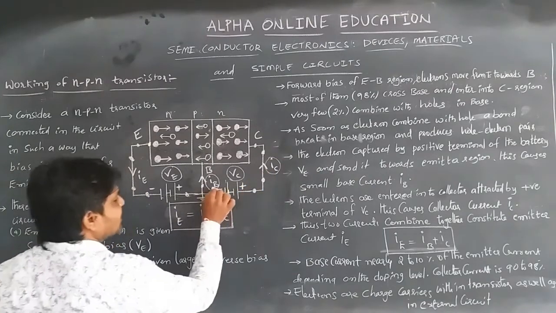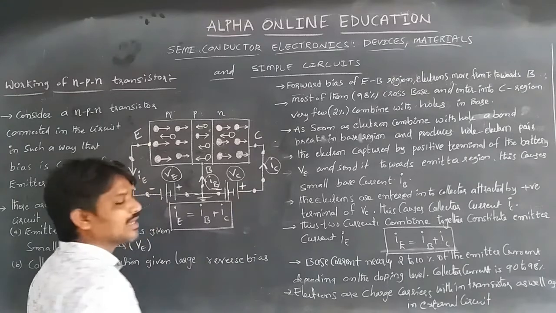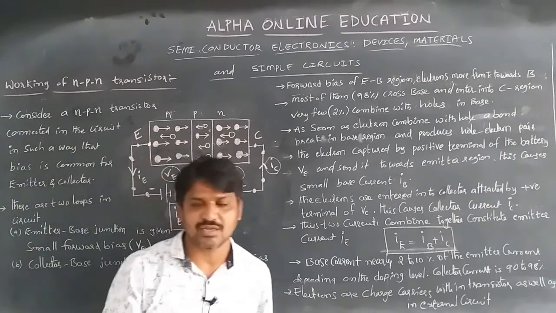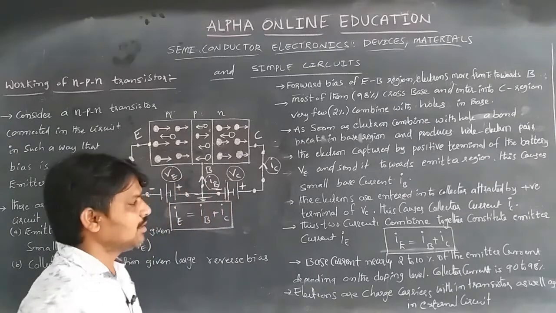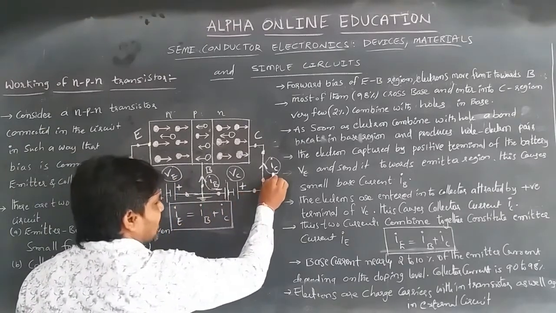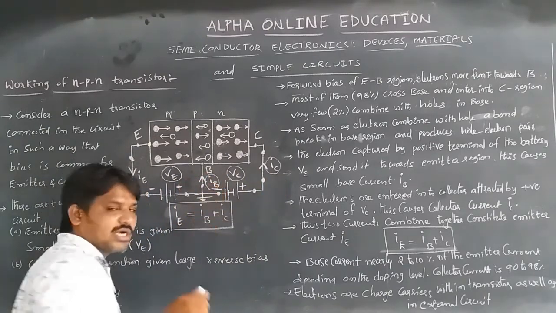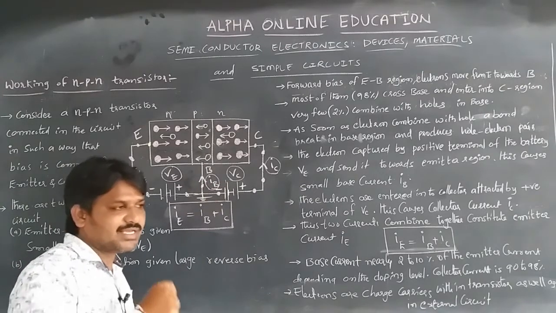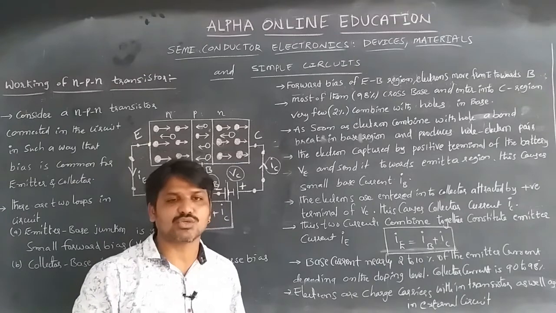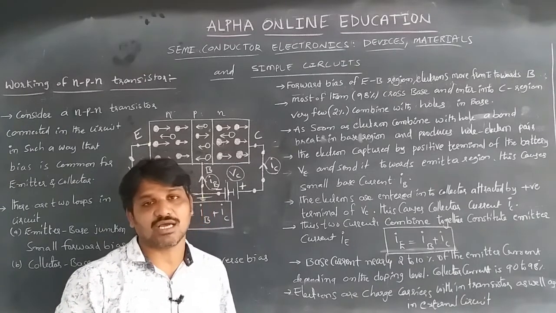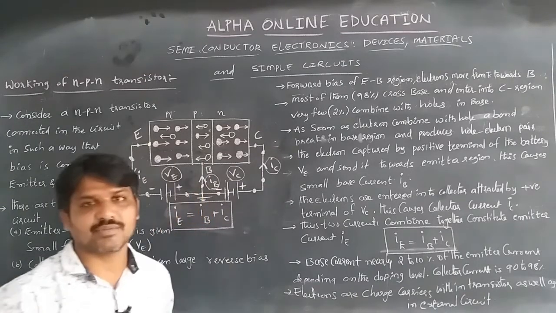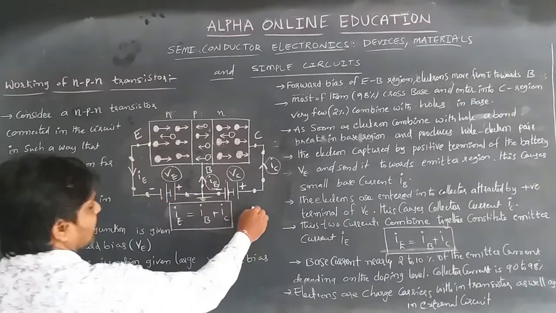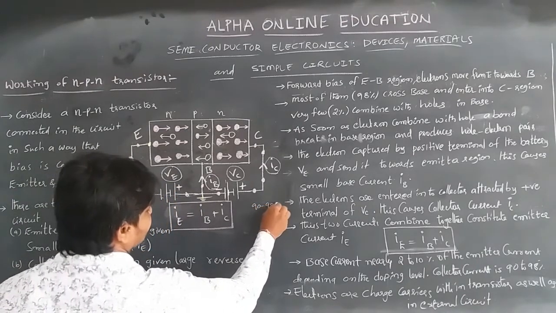This base current and collector current together constitute the emitter current, same as we discussed earlier for the PNP transistor. The base current is 2 to 10%, depending on the doping level, and the collector current is 90 to 98%.